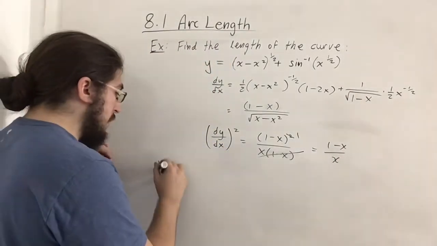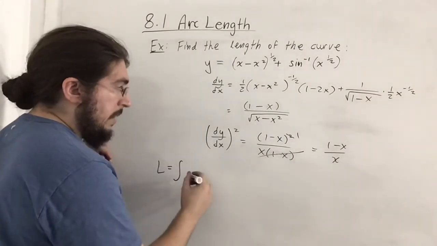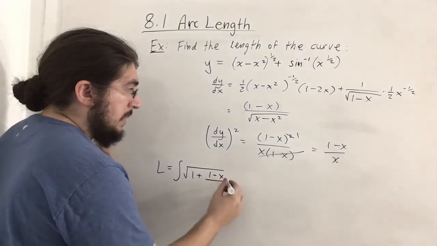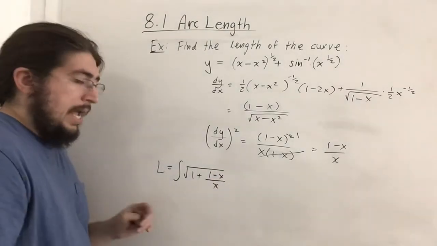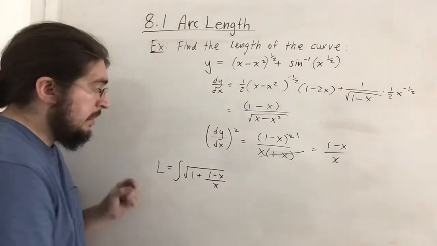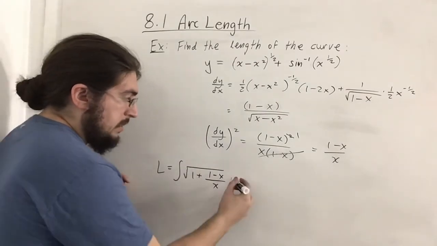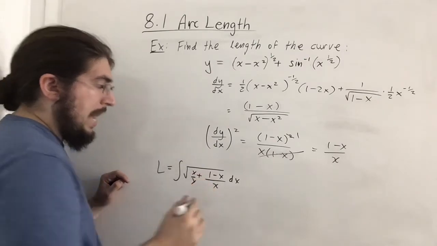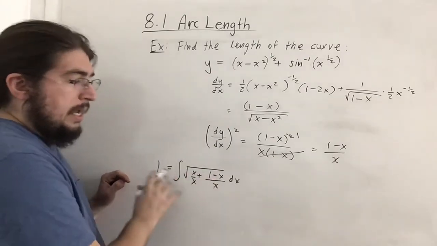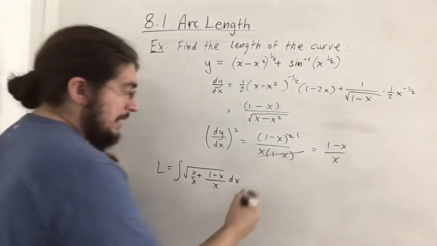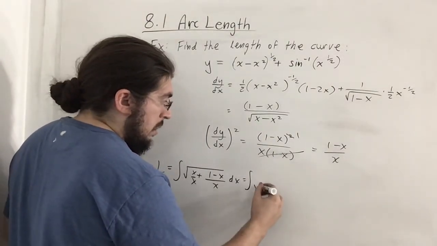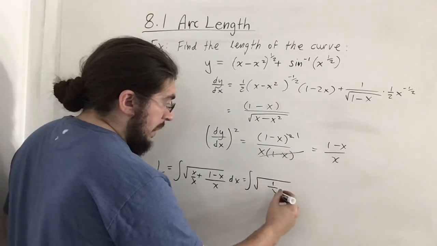That's really good because that means the length, as far as the integrand goes, is just the square root of 1 plus 1 minus x all over x. And if you combine these into one fraction, notice since 1 is x over x, like that, then combining the numerators ends up canceling the x's, so we just get the integral that's equal to the integral of the square root of 1 over x. Wow.